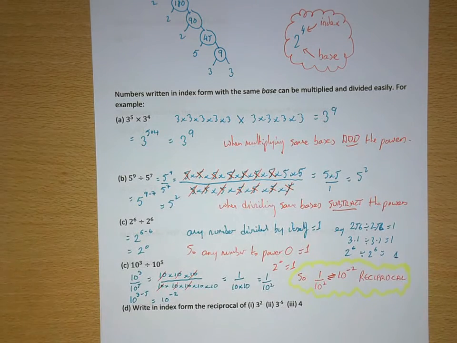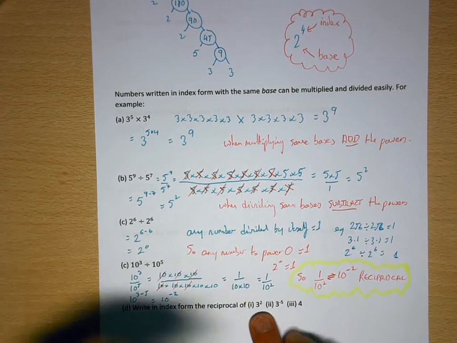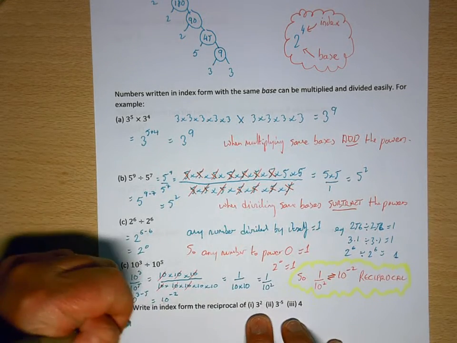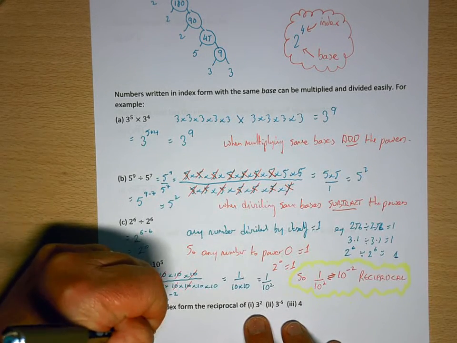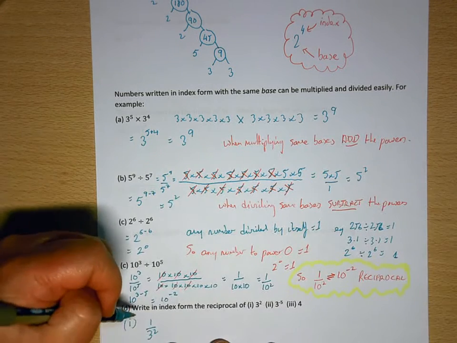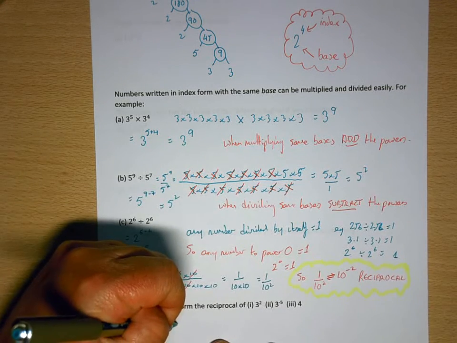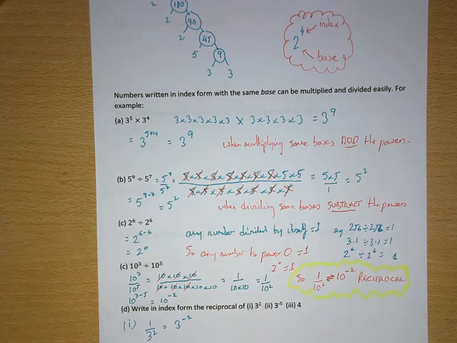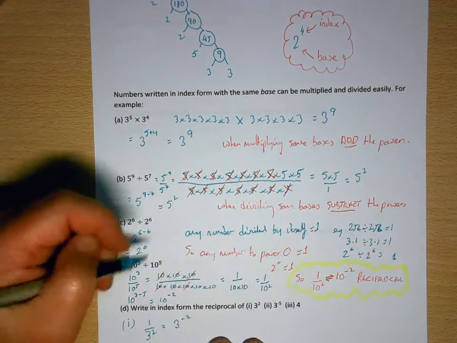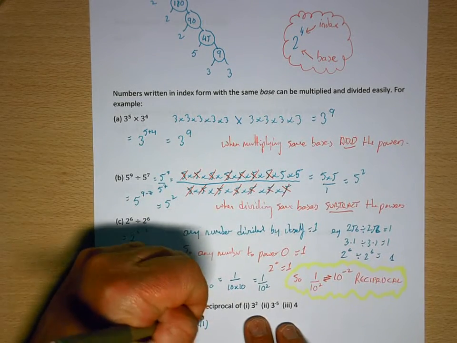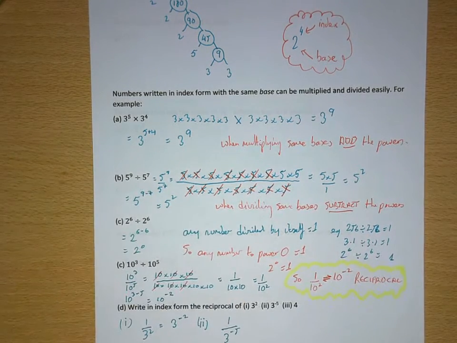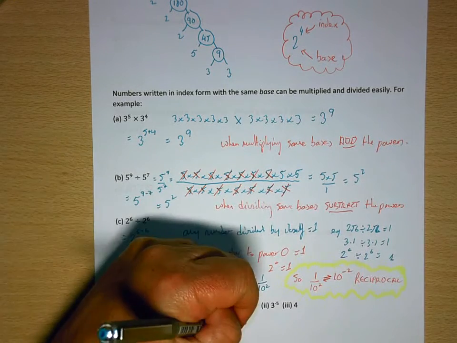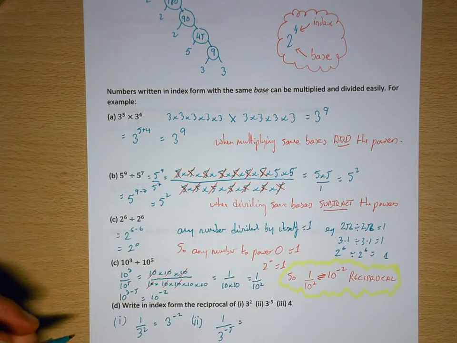So write in index form the reciprocal of 3 squared. So the reciprocal of 3 squared means 1 over 3 squared, and in index form that means 3 to the power of minus 2. Second one, the reciprocal of that means 1 over that, which is 3 to the plus.